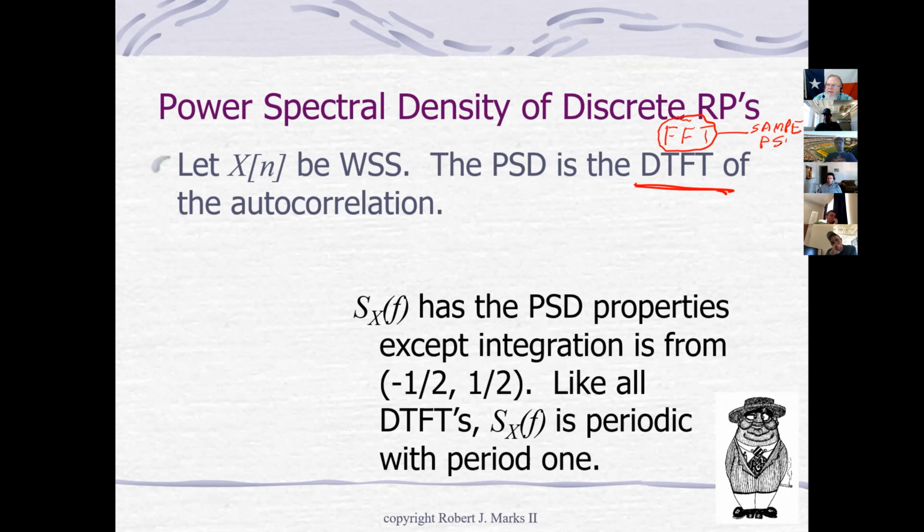This is if you want your sample power spectral density. You see, there are a number of different Fourier transforms. If you have a continuous to a continuous, this is a Fourier transform. If you have a continuous to a discrete, this is a Fourier series.